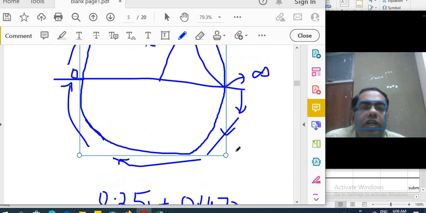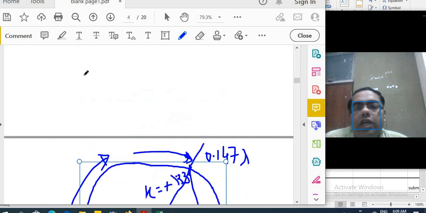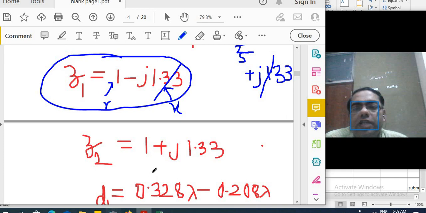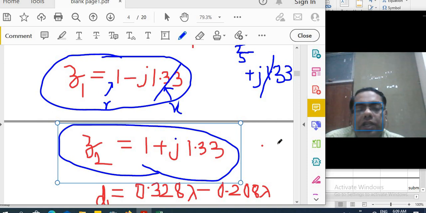Now I can have another solution, where we got another impedance Z2 as 1 plus j 1.33. That means my reactance is plus j 1.33. So I have to choose the length of the stub such that my input impedance is minus j 1.33. You understood?